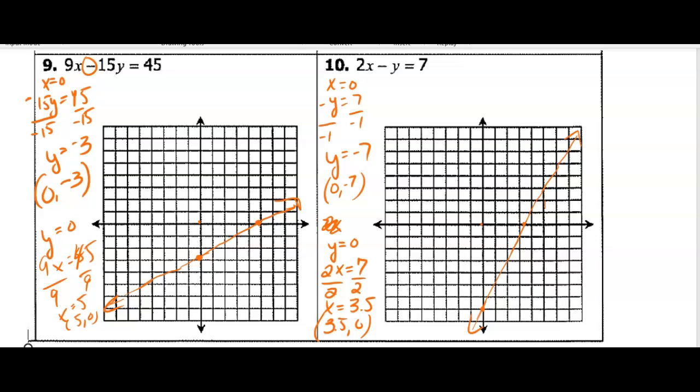I don't want you guys to just go dot to dot, and stop here. No, because this line goes on forever, so you need to continue it through up to there. Like so.